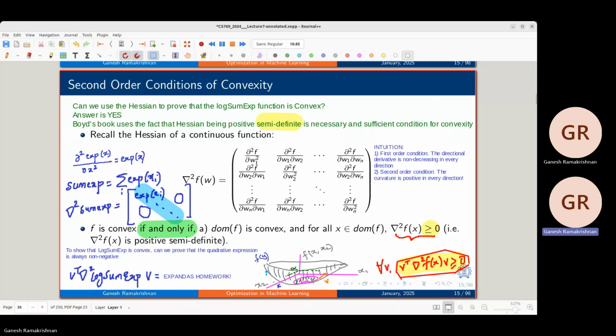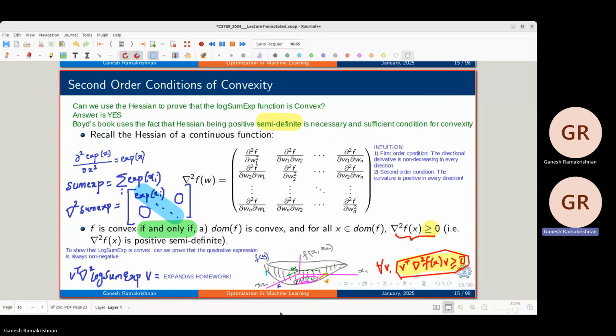What is the curvature here basically saying? Originally we said the gradient gives you a supporting hyperplane, or rather the perpendicular to the supporting hyperplane. Here we are saying that if you consider any v in the two-dimensional space, in this case x1, x2 space, the space of the domain, this v transpose Hessian v is basically a quadratic around that point. And we are saying that this local quadratic function around that point must have positive curvature for any direction v.